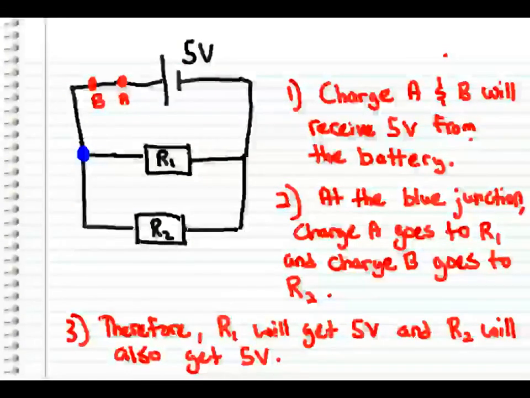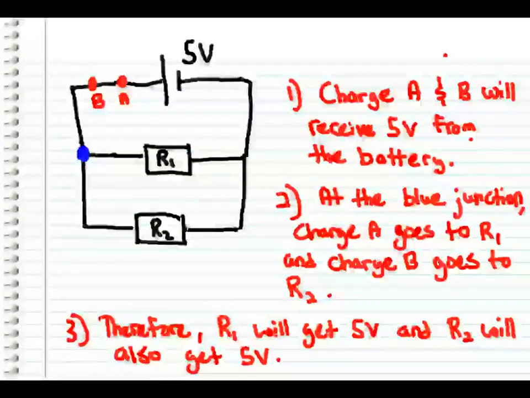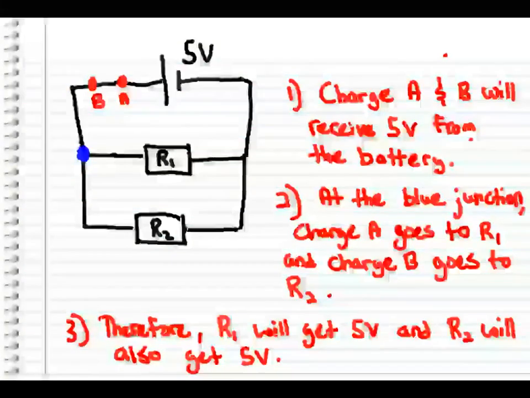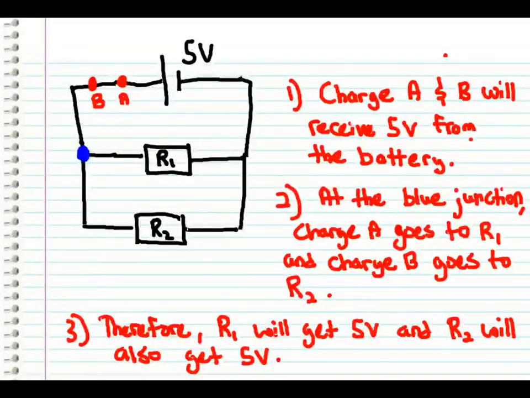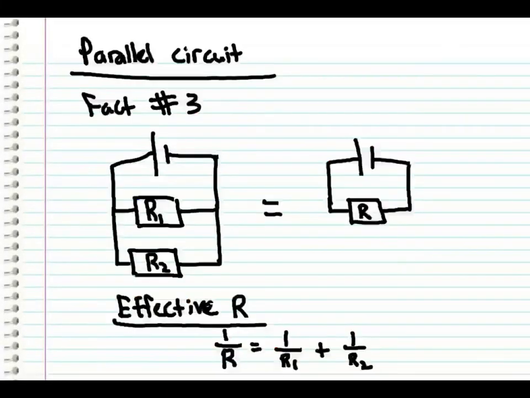Therefore, R1 will get 5 volts from charge A, and R2 will also get 5 volts from charge B. That is why in a parallel circuit, the potential difference of each resistor is the same as the EMF of the battery.